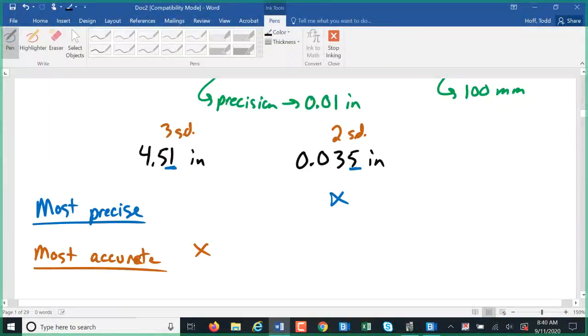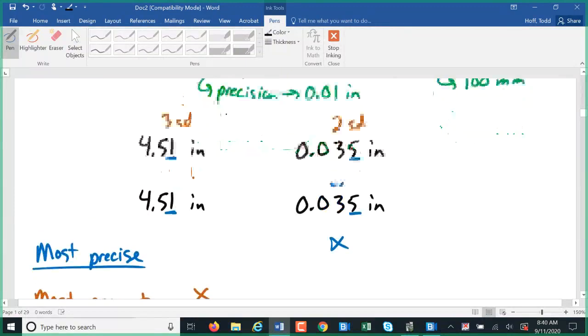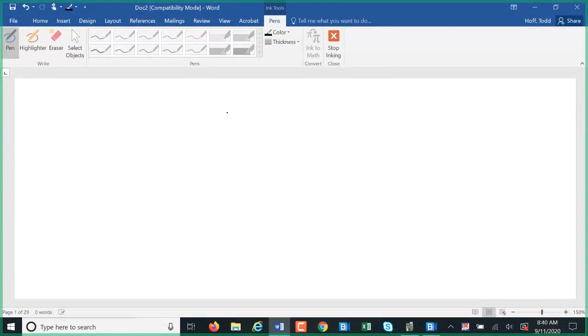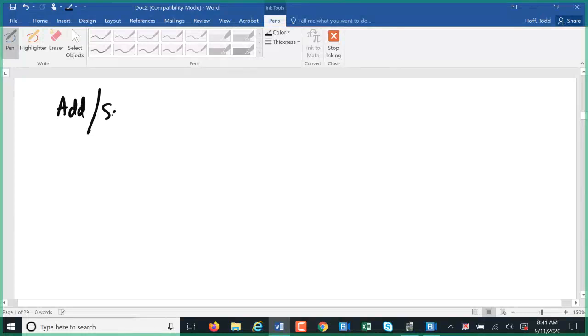So why do we care? Well, the answer might be that we don't, but we mentioned early on, not only is this about making sure we write down our measurements in the correct form, it's about calculating with measurements. So when we go to calculate with measured numbers, when we add or subtract, we are all about precision.